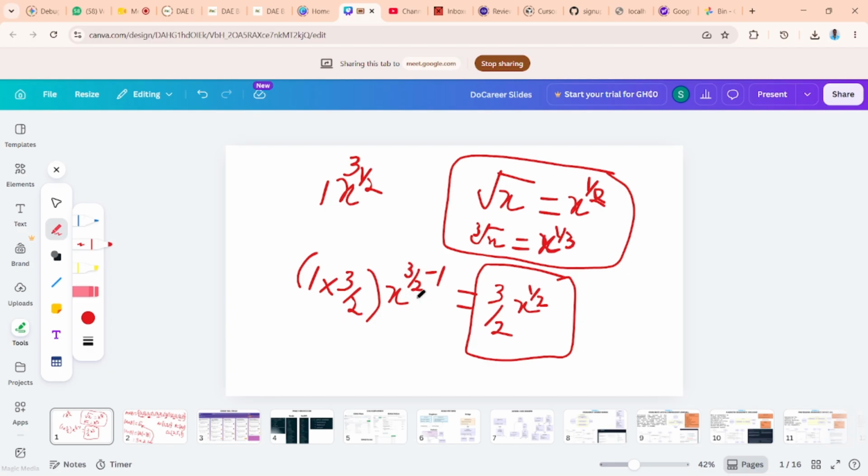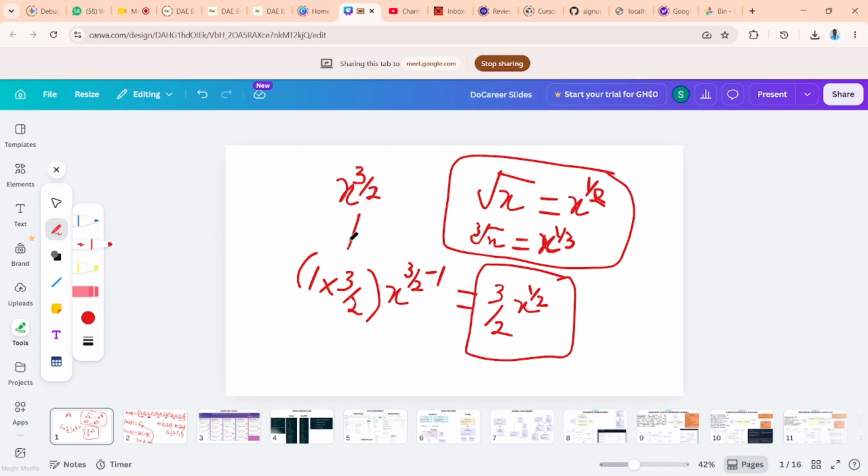Yes, Francis. My network was lagging again, I didn't get what you said. I'm saying that the power of the variable will not always be a whole number like 3, 4, 5, 6, but there could be fractions. I gave 3 over 2 as an example.